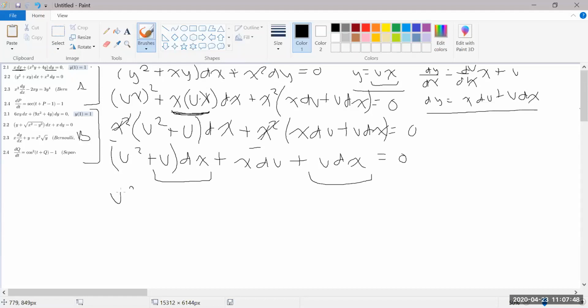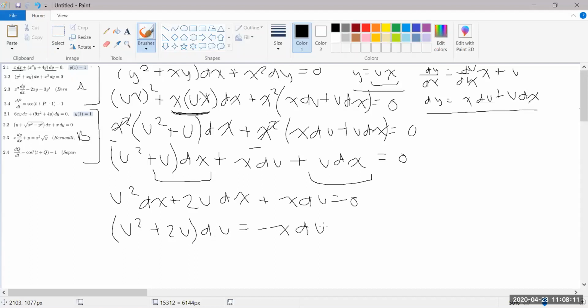So we have (u squared plus 2u) dx plus x du all equal to 0. Factor out that dx: (u squared plus 2u) dx equals our negative x du. And now hopefully it's looking very separable. Sorry, this should be a dx here.